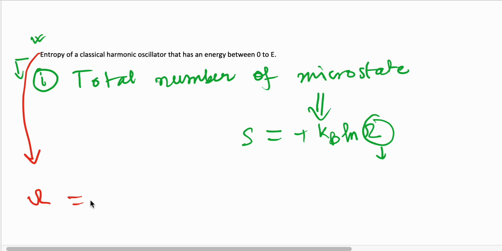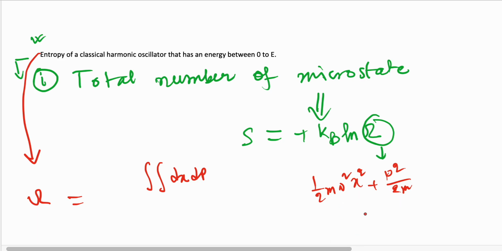The total number of microstates will be the total area covered by this dx dp, where the total energy, that means (1/2) m omega square x square plus p square by 2m, is the energy of that harmonic oscillator, and it should remain between 0 to E. So this is the total phase volume that it will cover, and for a single microstate, the phase space covered is h.